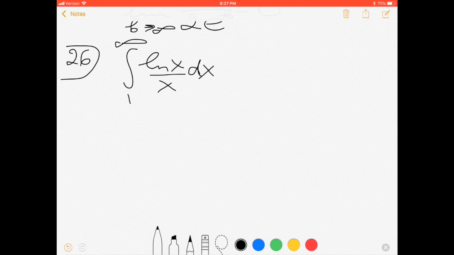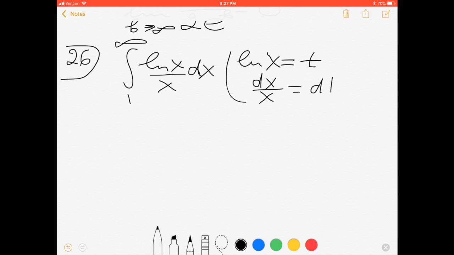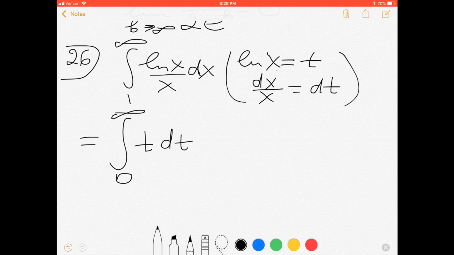Well, I think one substitution here is natural logarithm x as t, then dx over x will be dt, and your integral is simple, we have t dt. But now we need to compute the new borders. If x equals 1, natural logarithm 1 is 0, this means the lower border is 0. If x equals infinity, natural logarithm of infinity stays infinity.